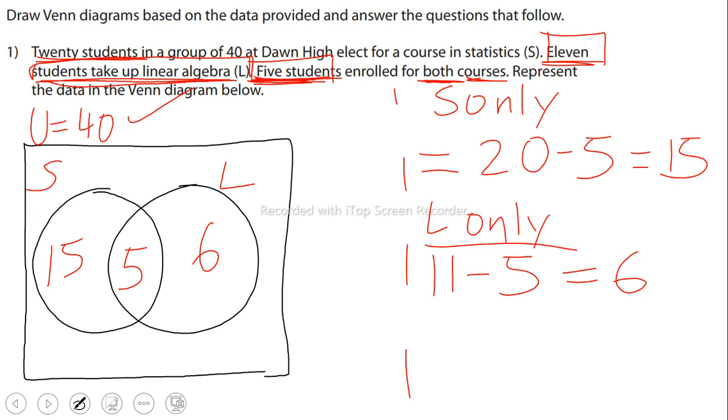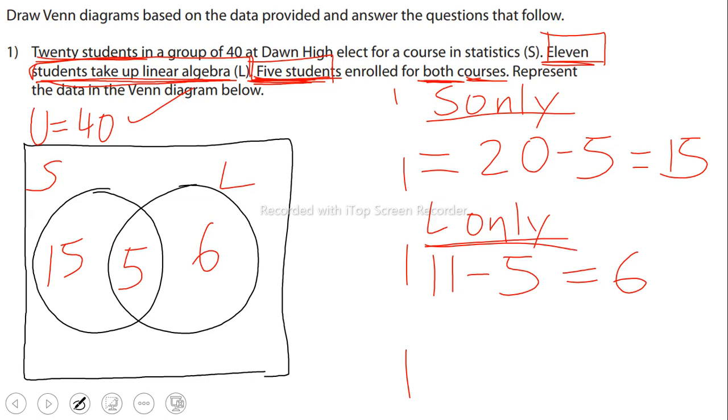You put the 14 outside of the 2. Okay. And so we already know what S only has. We already know what L only has. Now the thing is, this is not equal to 40.